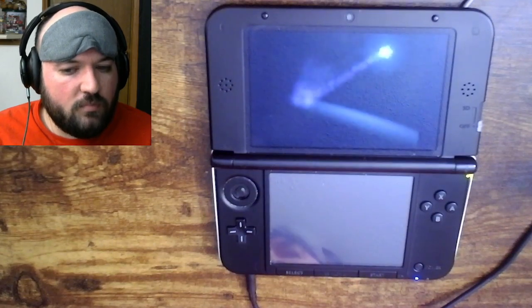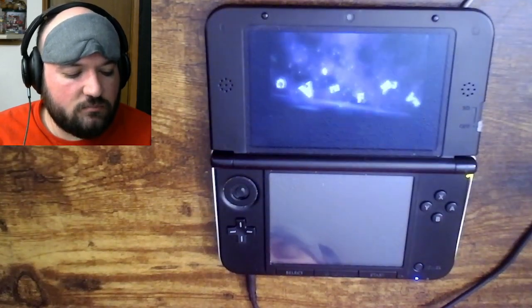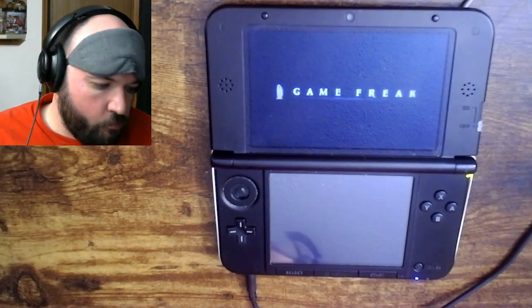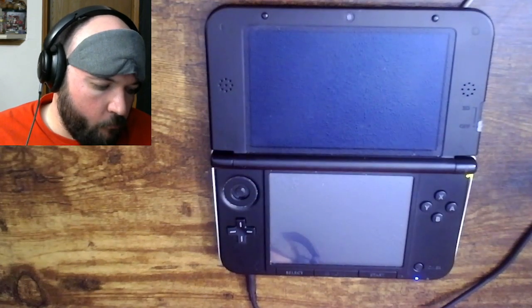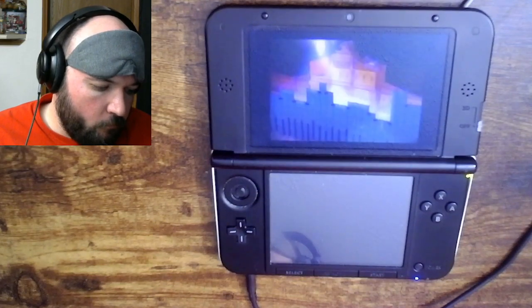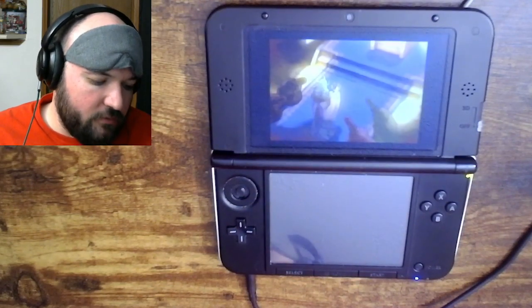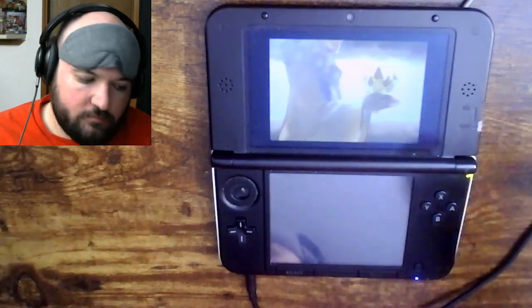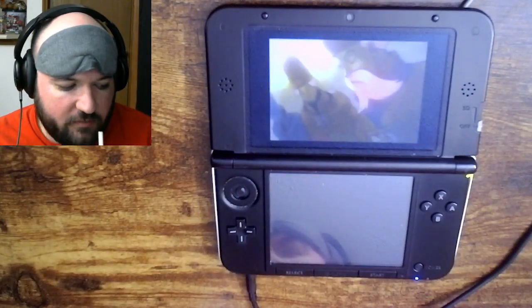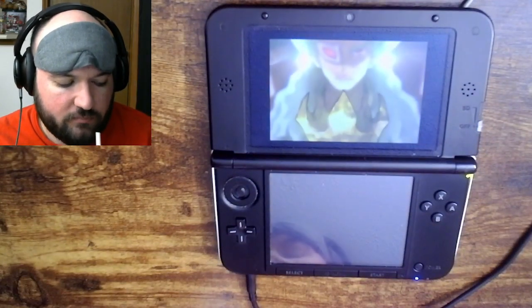I'm kind of at a loss. I blew through the first part of the room so quickly that I didn't really have it memorized on where I was going.